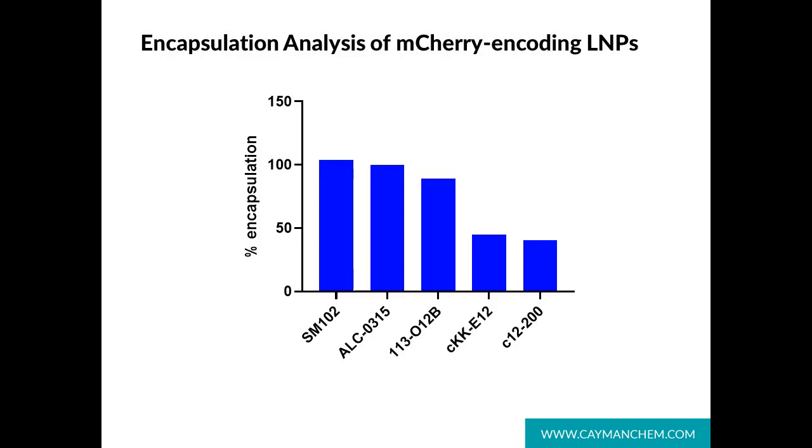All of these numbers are suggestive of high quality particles. The two ionizable lipids with higher numbers of amines, however, 4 for CKKE12, and 5 for C12-200, were only able to encapsulate about 50% of the mRNA. This suggests that further optimization of the N-to-P ratio may be necessary.